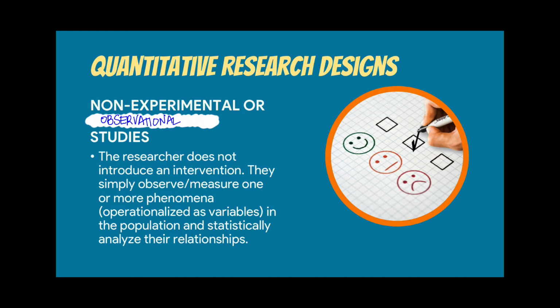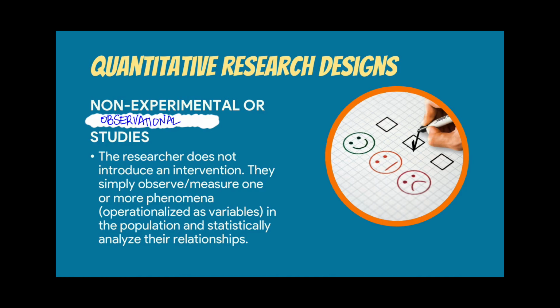So for example, you want to see whether or not a variable A influences the variable B, and what you're going to do is measure variable A and measure variable B separately, and then you're going to statistically measure their relationship. Then that's an example of an observational study or non-experimental study. In that study, the researcher does not introduce any intervention, any program, any treatment, any product, any modality, etc.